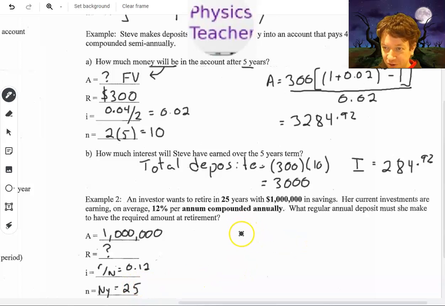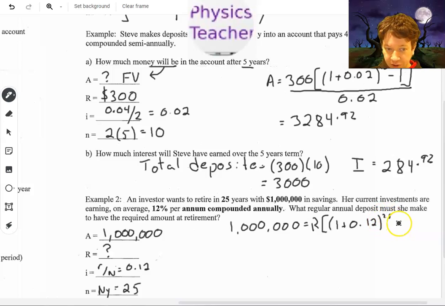All right, so we have our equation, but it's going to start with our future value, 1 million, equals R, which is what we don't know, times by 1 plus 0.12 to the power of little n, which is 25, minus 1, all divided by 0.12.